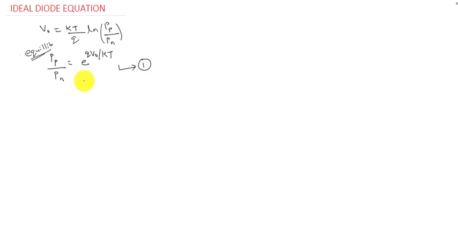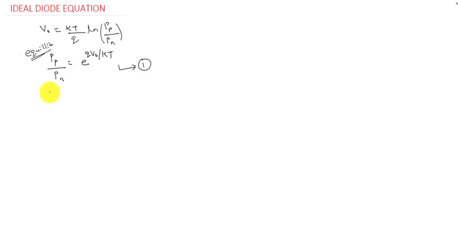Now the diode is biased with some forward or reverse bias voltage. Here we are considering the biasing voltage as V. The V can be positive or negative. If it is positive, then it is forward bias. If it is negative, then it is reverse bias.